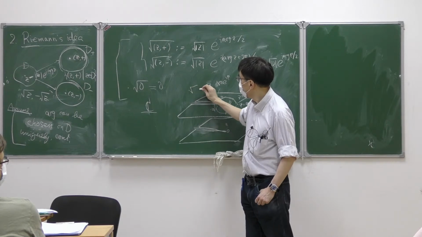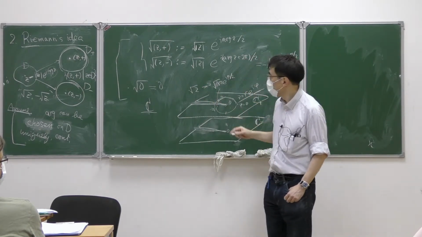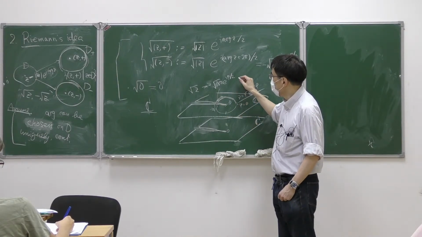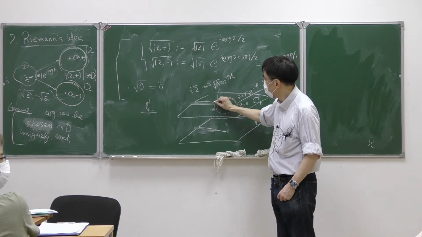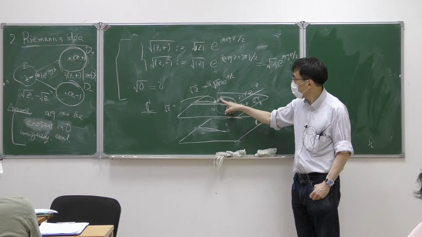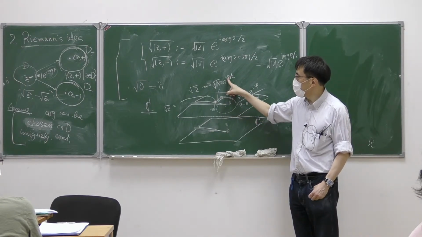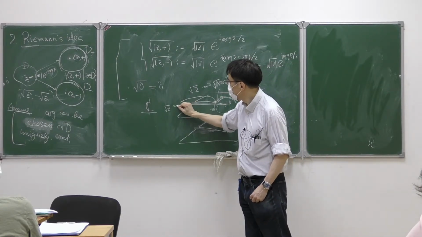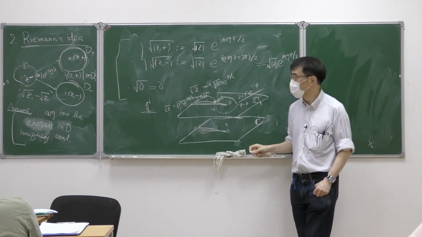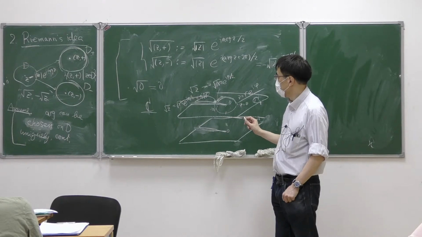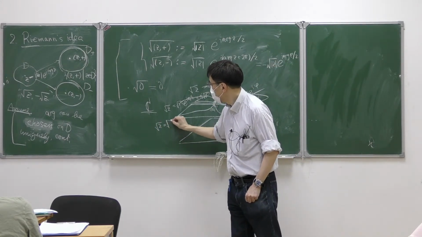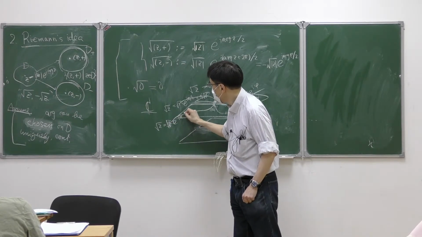And at this point, since here the argument is pi, we have the square root of this, and if we come here, we have something like this.